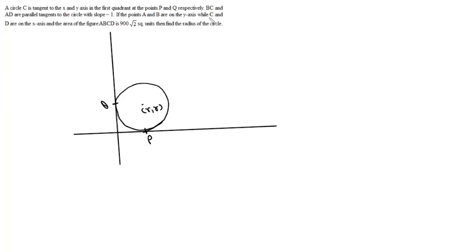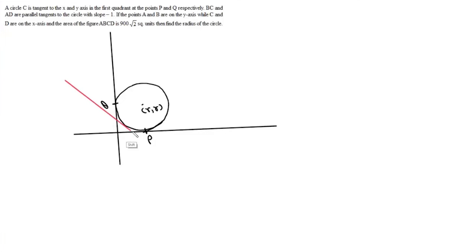We'll draw this circle. Now this circle touches both the axes at points P and Q. So this is P and this is Q, and suppose the radius is R. So the center of this circle will be at (R, R). Now it says there are 2 parallel lines with slope −1 which touch this circle.